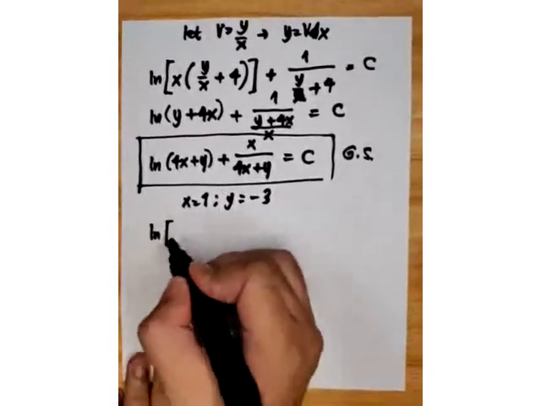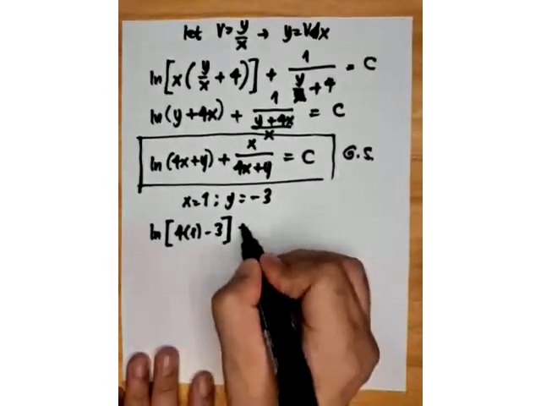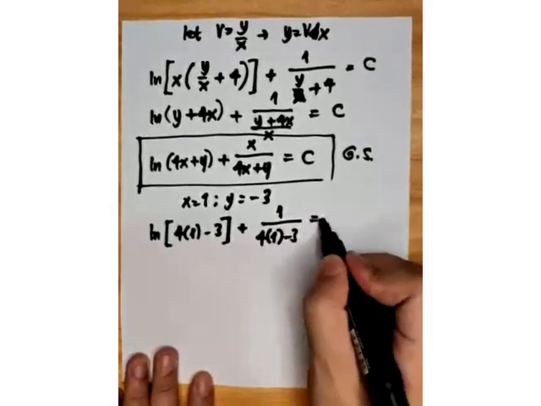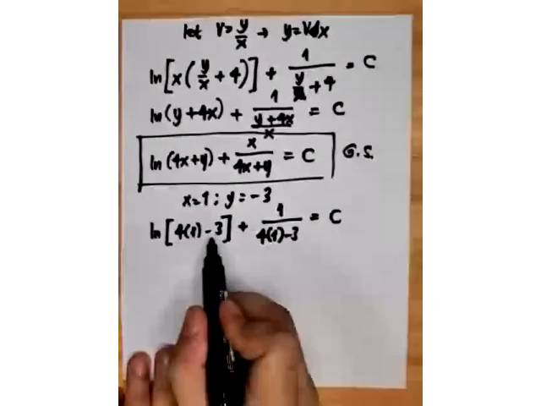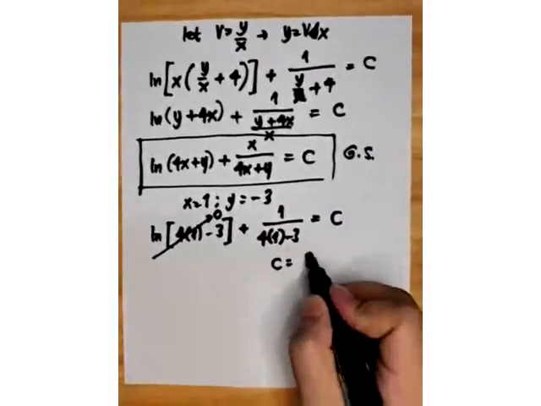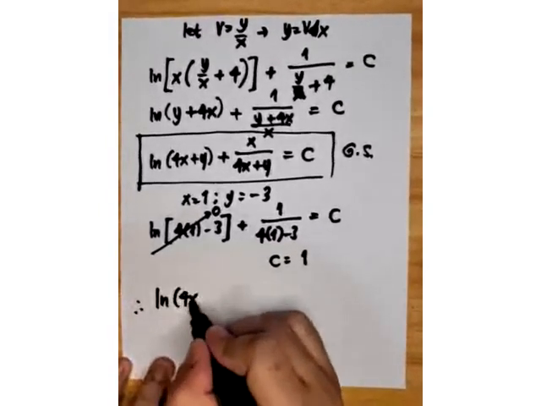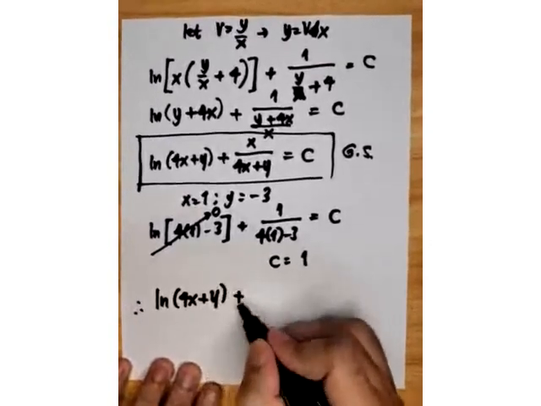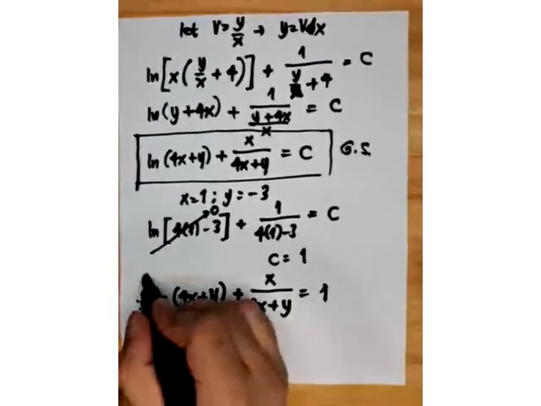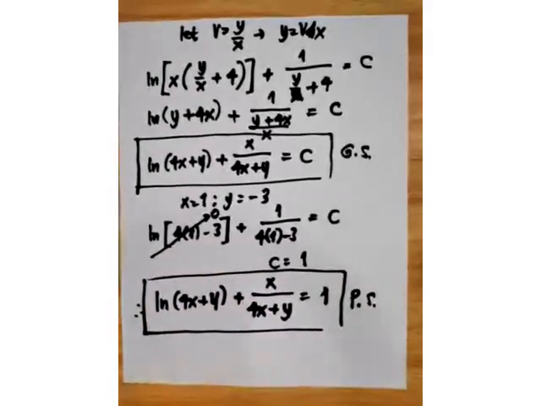So ln of 4 times 1 minus 3 plus 1 over 4 times 1 minus 3 is equal to c. Okay, so this one is ln of 1, which is also 0. So therefore, c is equal to 1. So that means our particular solution is ln 4x plus y plus x over 4x plus y is equal to 1. So this is our particular solution.